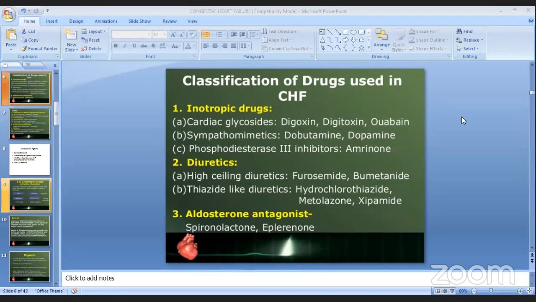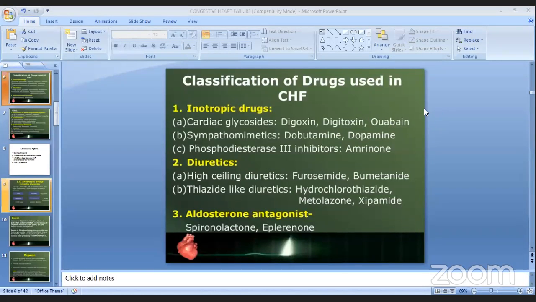The glycosides are digoxin and digitoxin. One by one, I'll go into detail afterwards. So they are known as cardiotonic drugs, the positive inotropic drugs. They exchange sodium and potassium in the cardiac muscles, increase the calcium ionic channel, and ultimately the contractility increases. Afterwards I'll discuss these cardiac glycosides in detail.